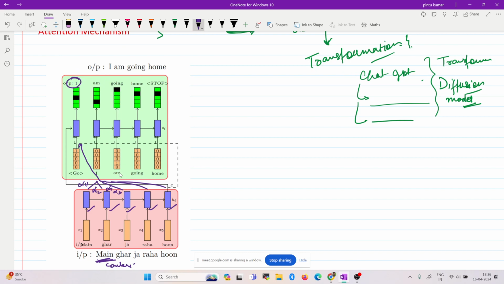So we want a different kind of weighted combination for the first input, a different kind of weighted combination for the second input, and so on. If we have such a mechanism, we can hope that we should do better on at least these kinds of tasks, such as machine translation.